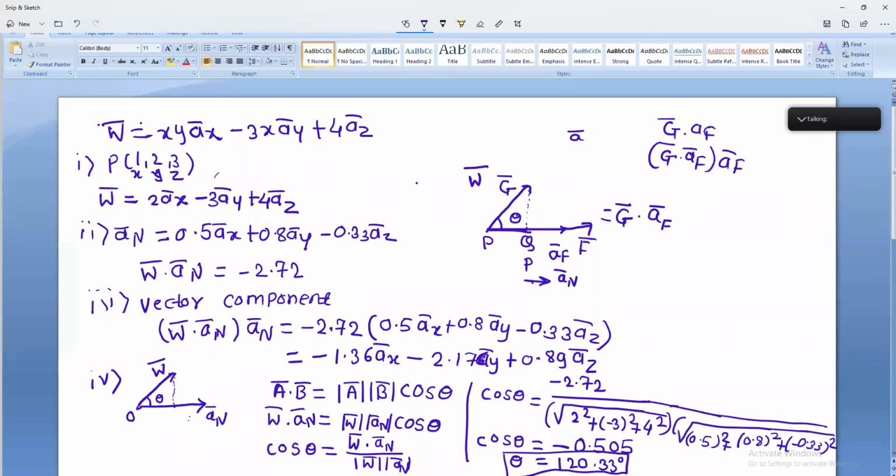The unit vector is also given, and the magnitude of a unit vector is always equal to 1. Unit means 1. So find cos theta and then find theta by taking its inverse. Everyone understood the example?